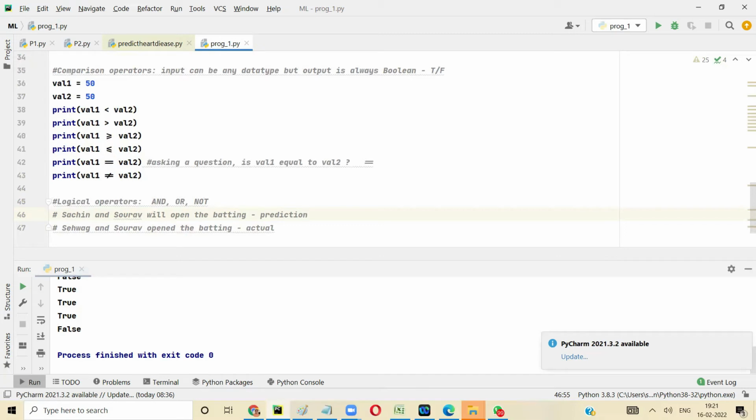So answer this one first: Sachin and Saurabh or Sehwag. From where did or come? I'm talking about and, you're talking about or. You're changing the question only in the board exam.